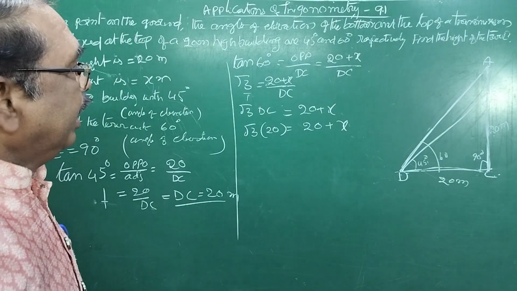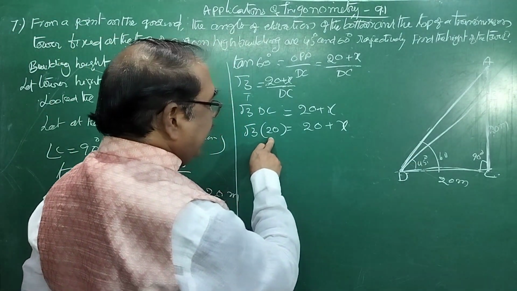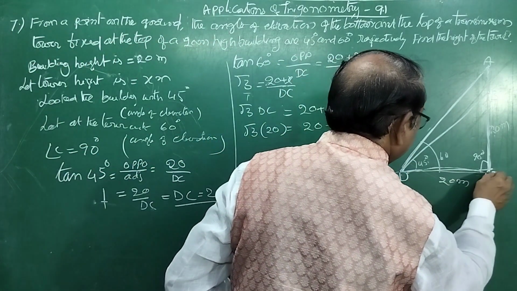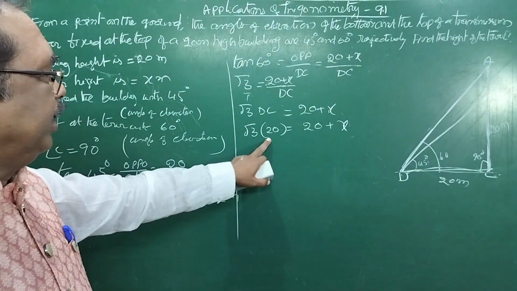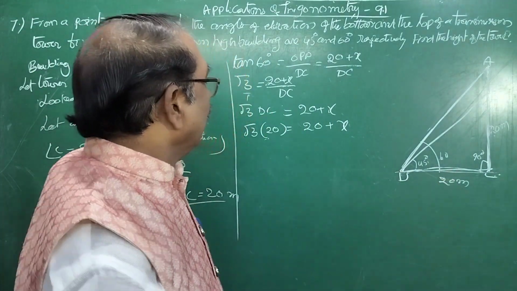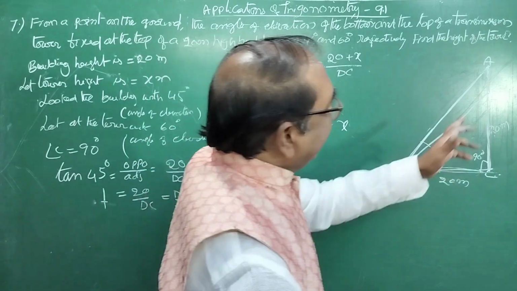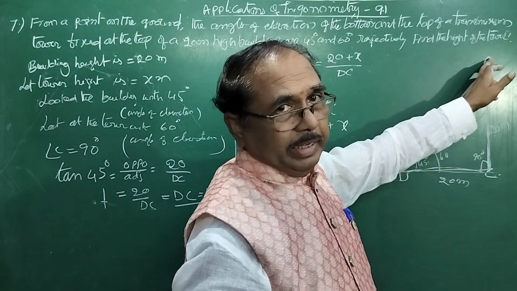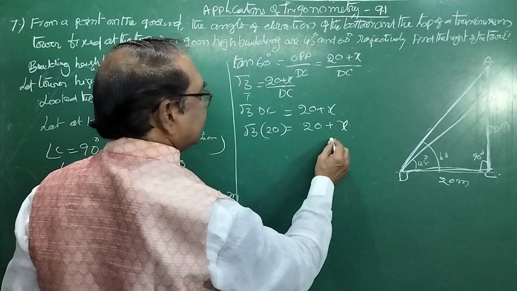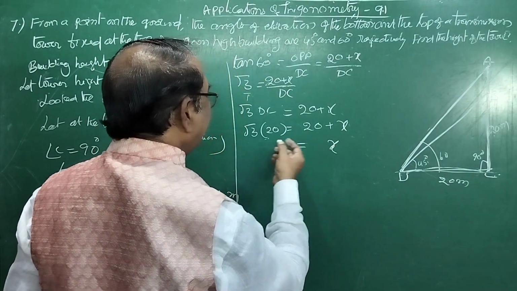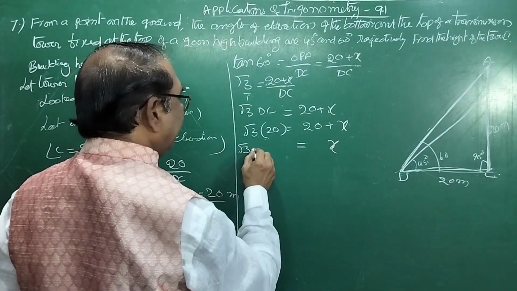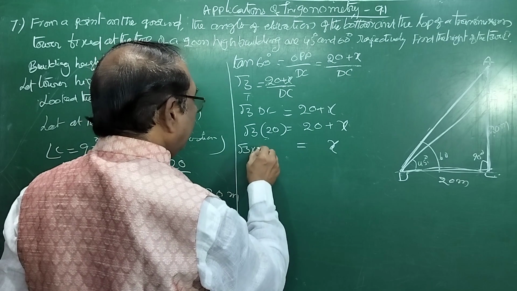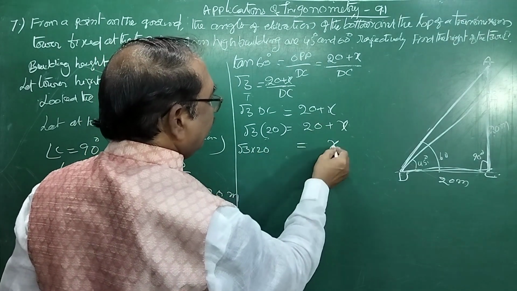Now we have to find x, the height of the transmission tower from the building up.